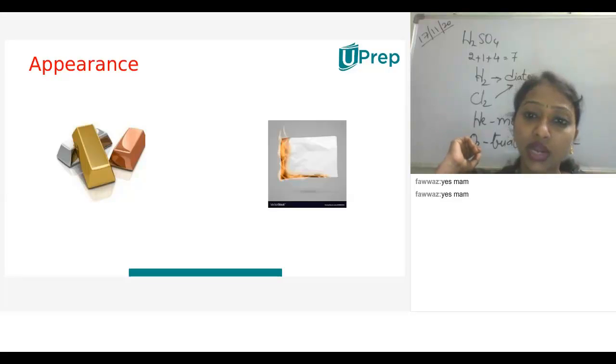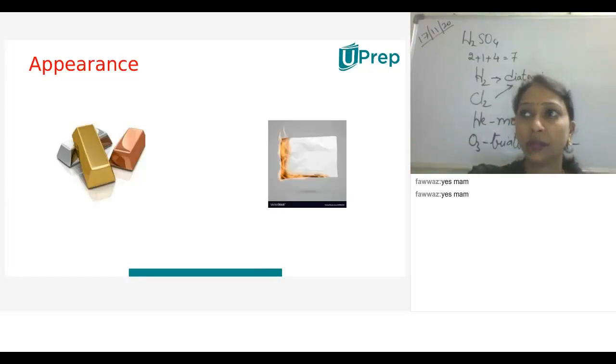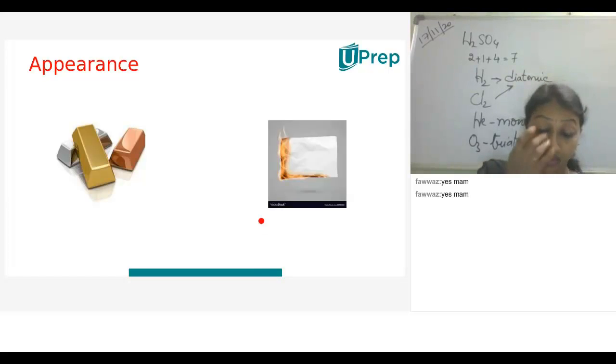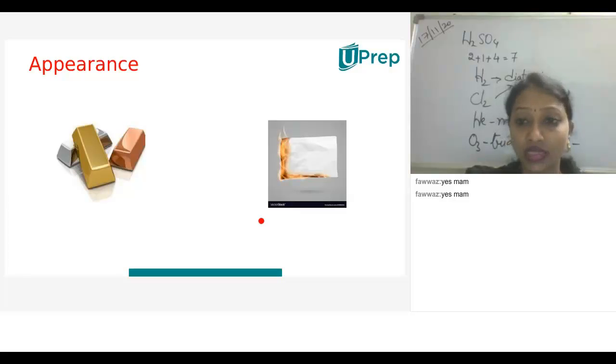Understood? First one, appearance. By the visual appearance, we can simply say how these are considered as elements. For example, the 118 elements mostly are divided into metals and non-metals.